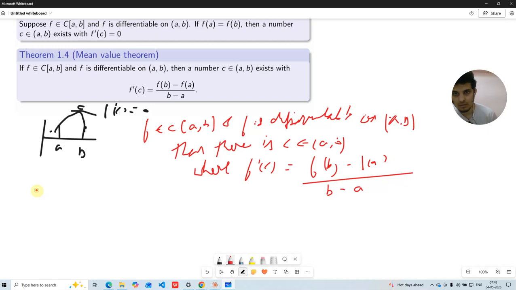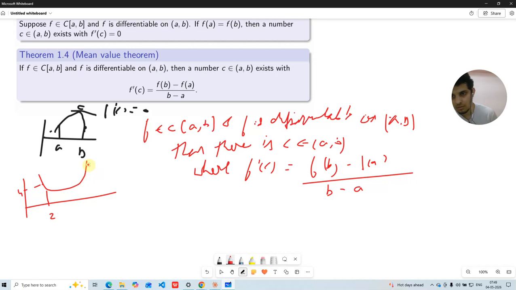Let's take a simple convex example, x squared. This is 2, this is 4.